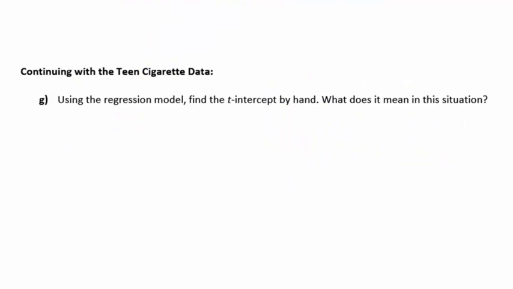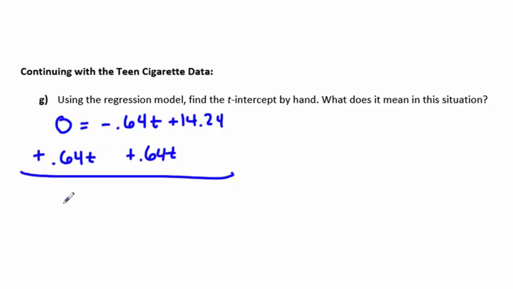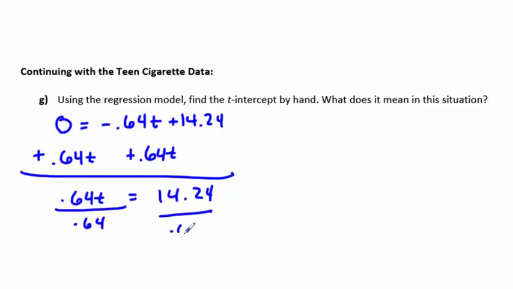Find the t-intercept. So the t-intercept means solve for t. The 0 is going to be plugged in for p this time. So to solve for t, I'm going to add the 0.64t to the other side. So we'll have 0.64t equals 14.24. We'll divide both sides by 0.64 to solve for t.